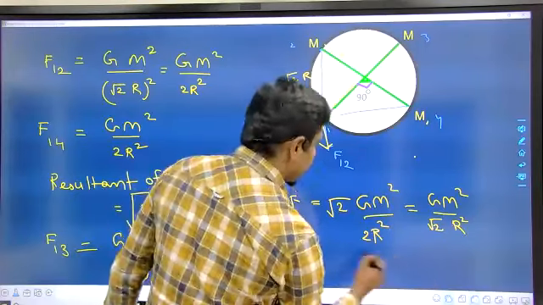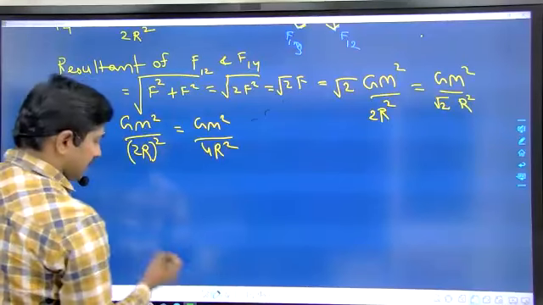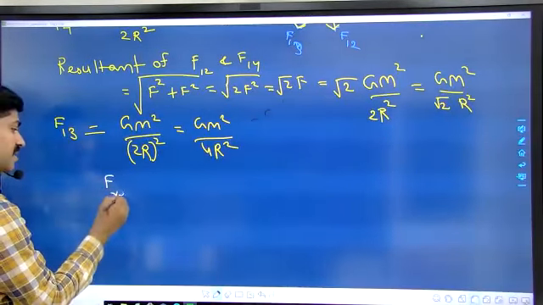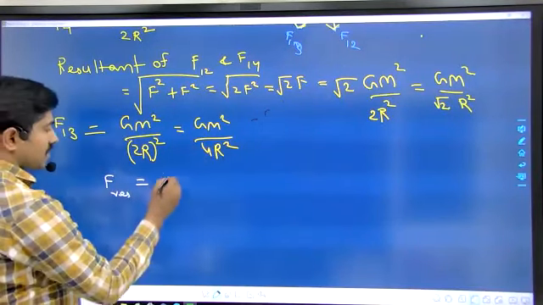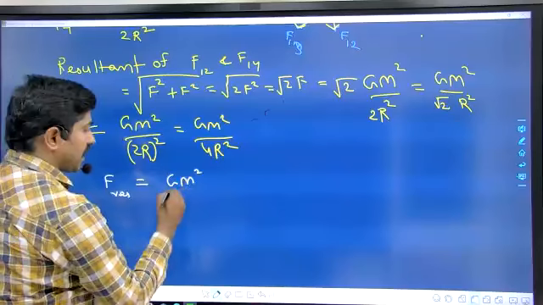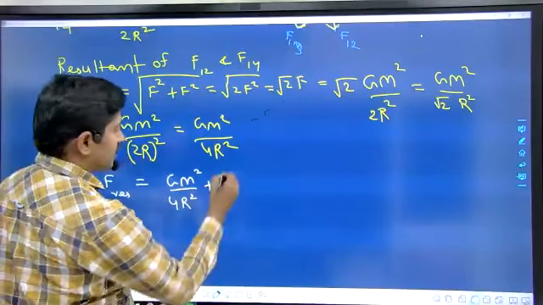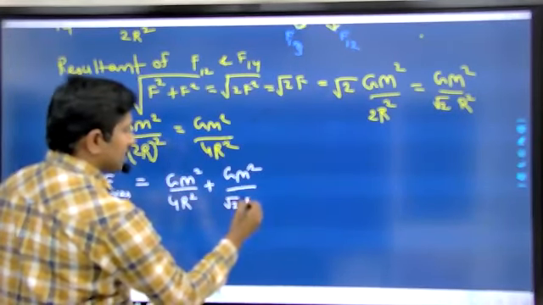Now, so finally the resultant force will be, F resultant will be sum of these two. What is that? G M square by 4r square plus, and that one is G M square by root 2 r square.